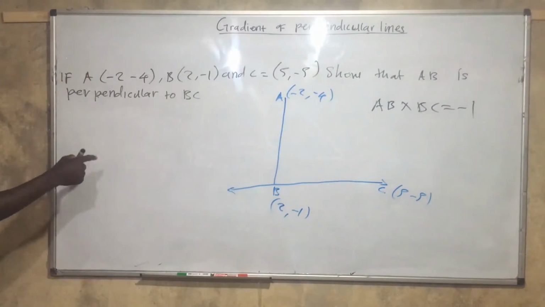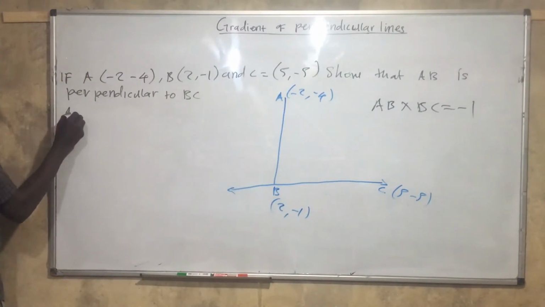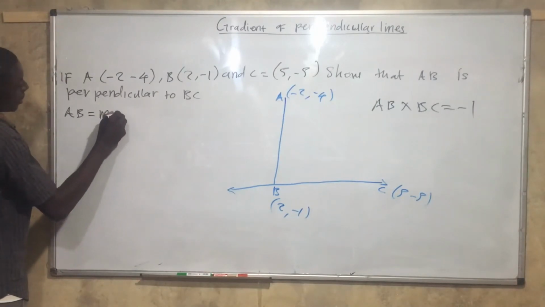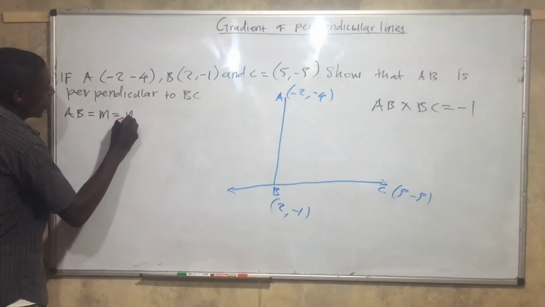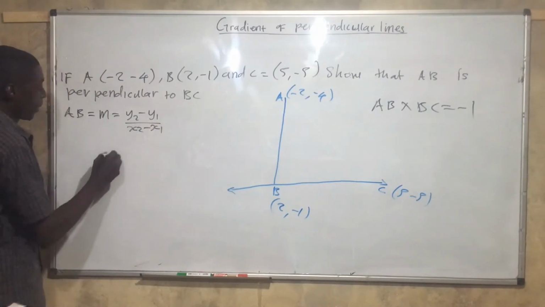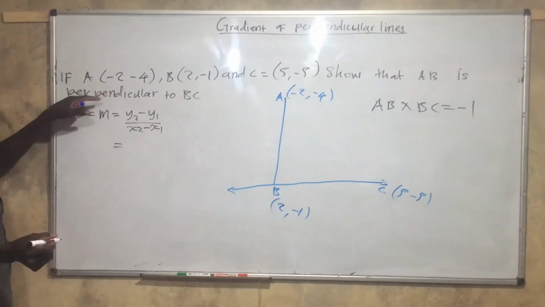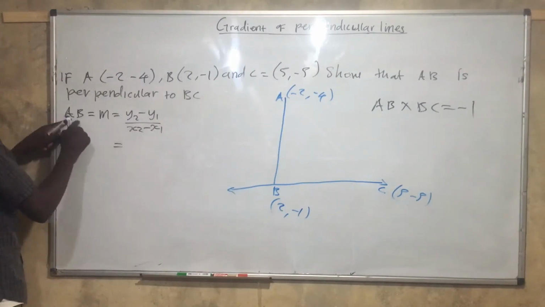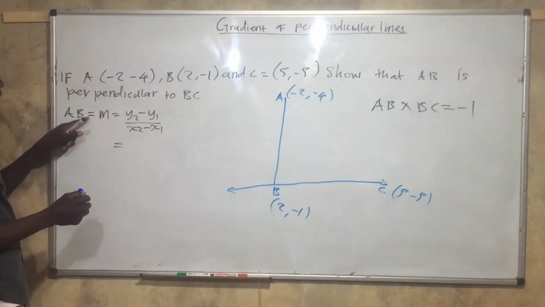We'll start by finding the gradient of AB, which is the gradient equal to y2 minus y1 over x2 minus x1. We'll get the coordinates for A and B because we are finding the gradient of line AB.